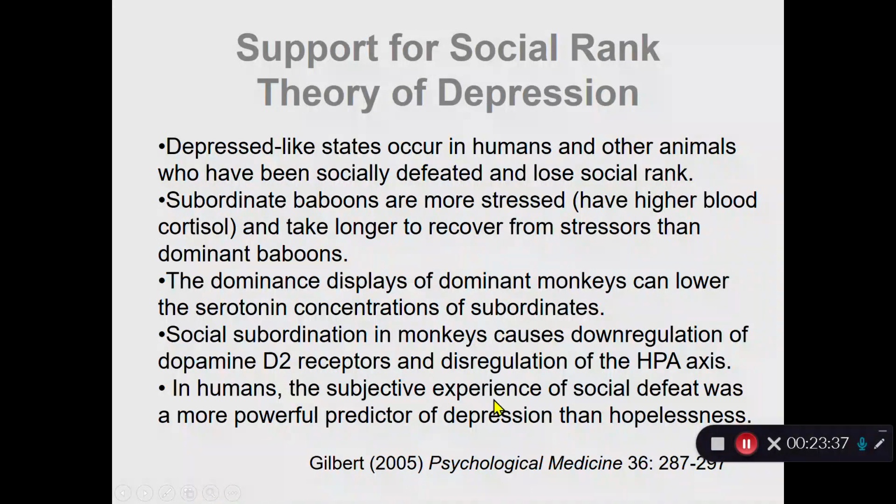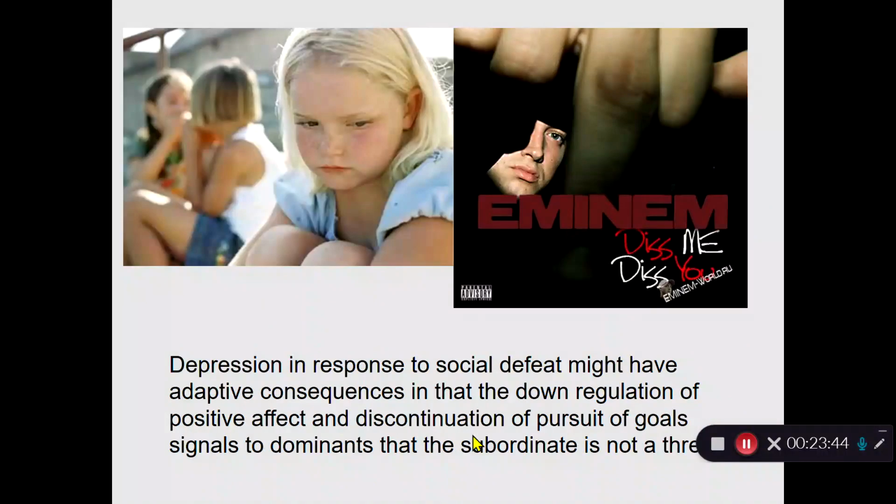what could possibly be the adaptive value of depression due to social defeat and social subordination? Well, depression in response to social defeat might have adaptive consequences in that the downregulation of positive affect and discontinuation of pursuit of goals signals to dominance that the subordinate is not a threat.